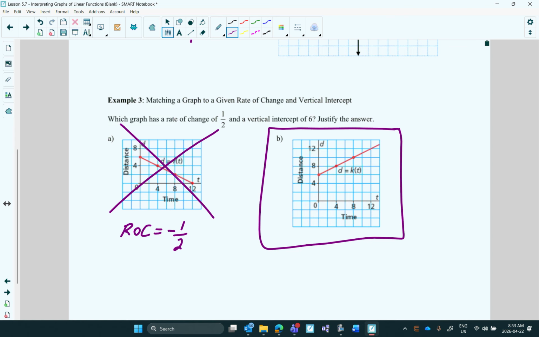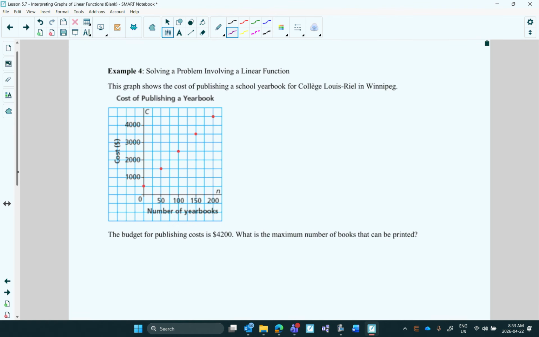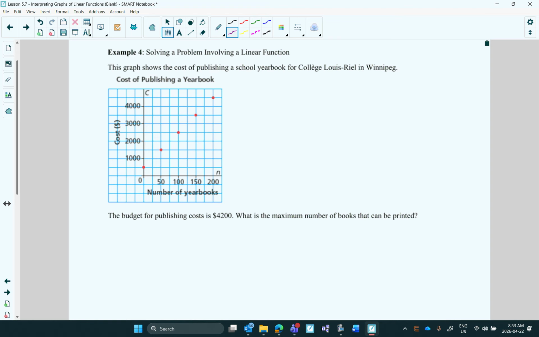Okay, the last example. This sort of brings everything together. These are the kind of questions that we want to answer using linear functions.